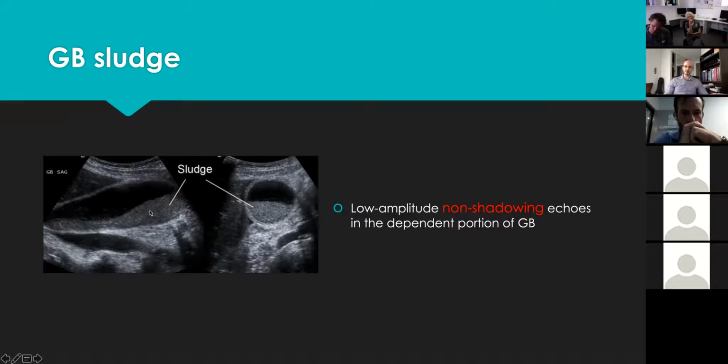A very common thing to mistake with it is, for example, artifacts: reverberation artifacts or side lobe artifacts with the ultrasound can look like sludge, but that clear gravity level, which can actually change with the change of the position, would be a giveaway that this is just sludge.